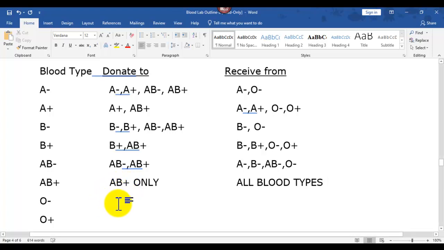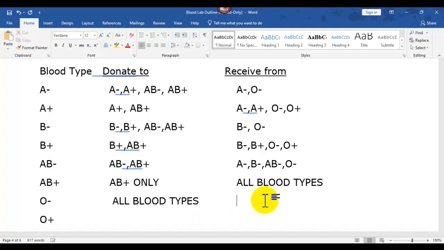O neg. All right. This used to be a cash cow where I grew up in around Midland. If you were O negative, who can you donate to? All blood types. You are a true universal donor because you're O negative. You can donate to everybody. Who can you receive from? Who can O receive from?